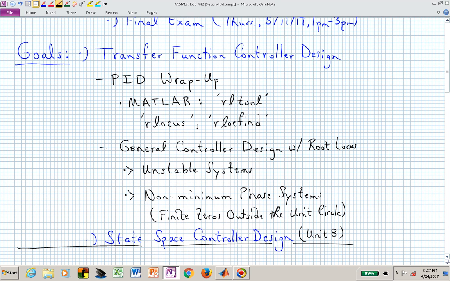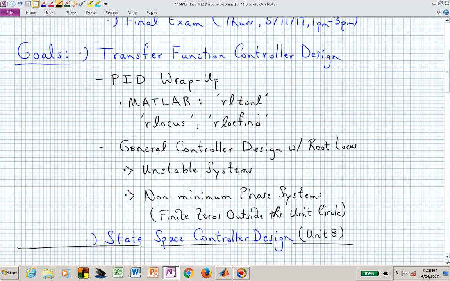We'll illustrate some Matlab commands, rltool, rlocus, and rlocfind, that will help us in the process of designing PID controllers, where we have the two flexible zeros that we can select, those being either real or complex conjugates, and then adjusting the gain, K, to locate our closed loop poles on the appropriate spot or spots on the root locus branches.